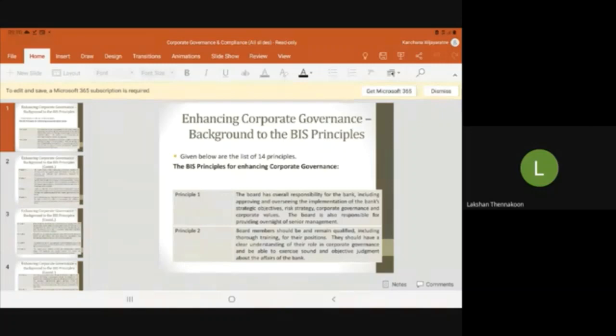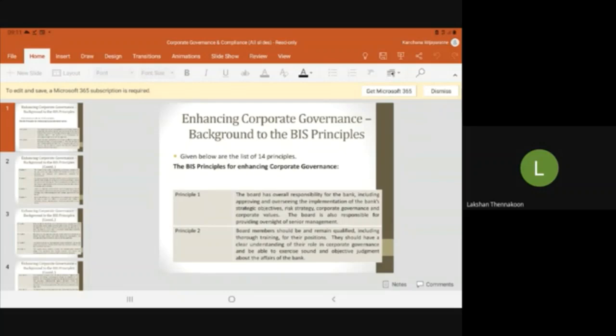So then I think somewhere in 2006, they drew from the principles of, I think we have discussed about, the OECD, Organization for Economic Cooperation and Development. So they had a set of information or recommendations. So based on it, the Basel Committee in 2006 drew up certain principles on corporate governance.